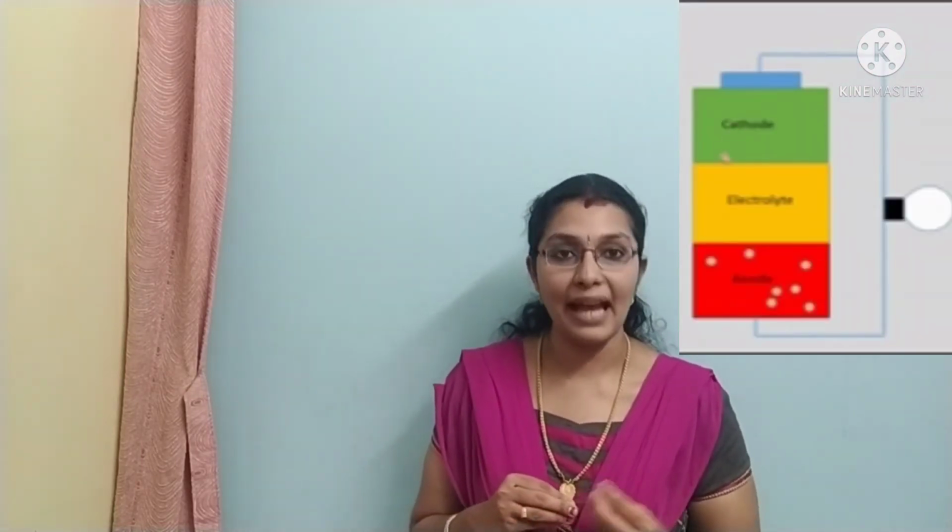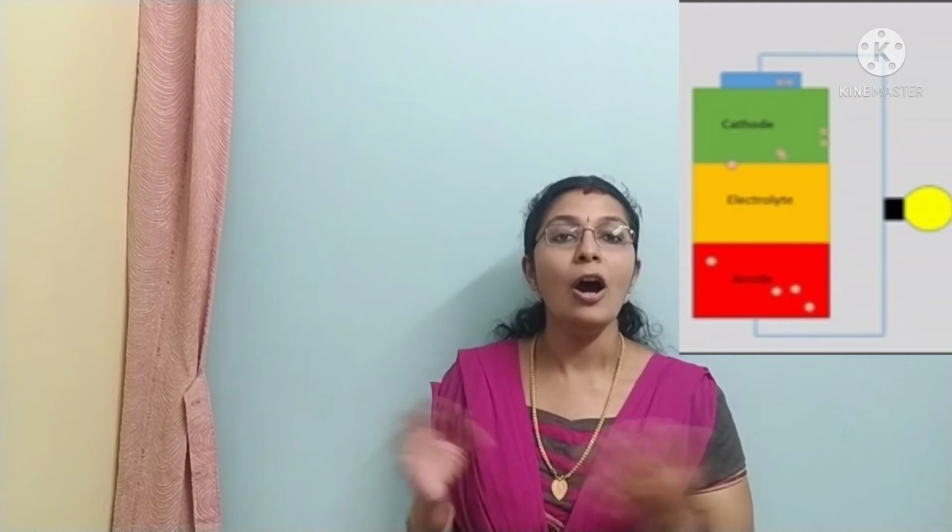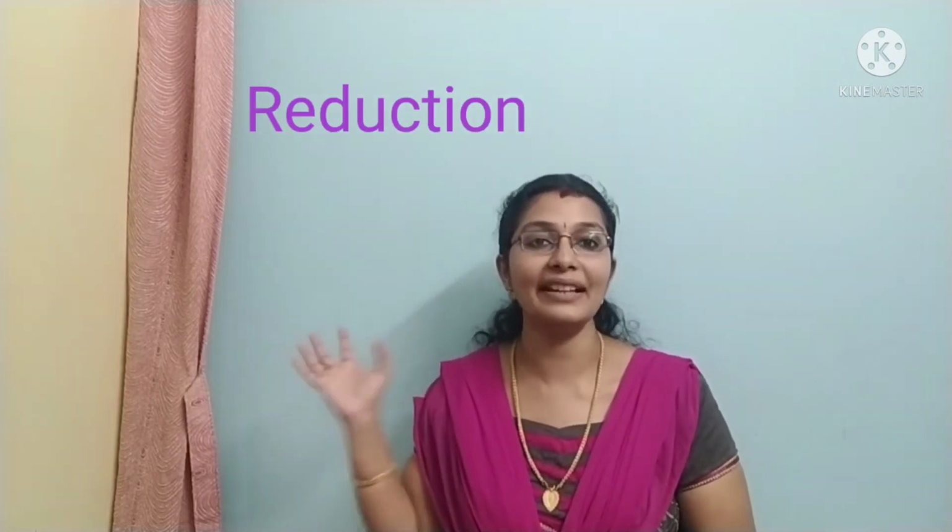Yes? Now, as soon as you connect a battery to a circuit, the electrons start moving from the anode towards the cathode. Okay? Or in other terms, you can say the anode is losing electrons. So that process is nothing but oxidation. At the same time, the cathode is gaining electrons. So what happens there is the positive and negative charges get neutralized. Okay? So there it is gaining electrons, and hence it is a reduction process.